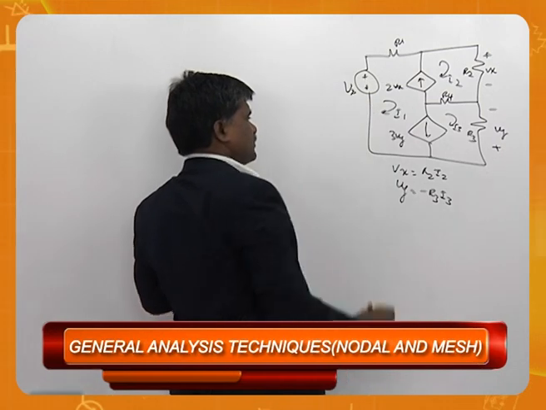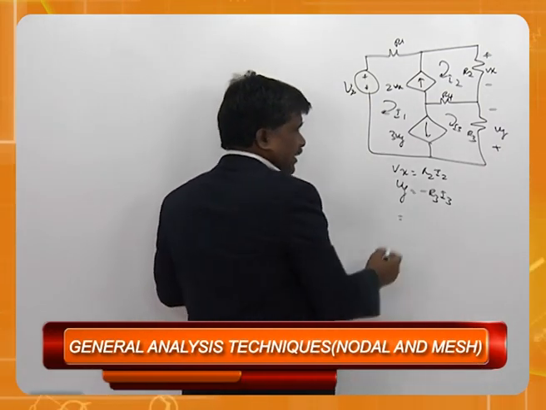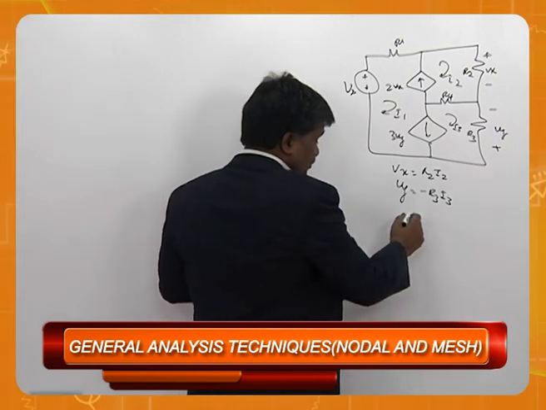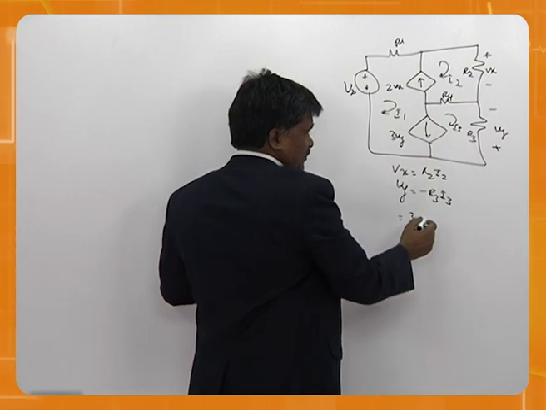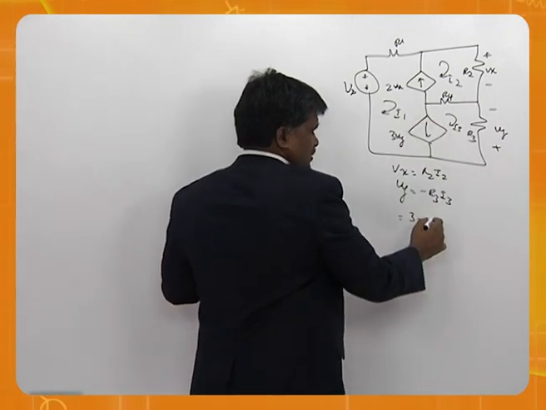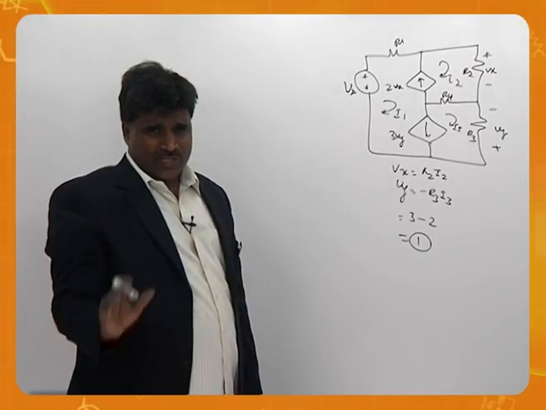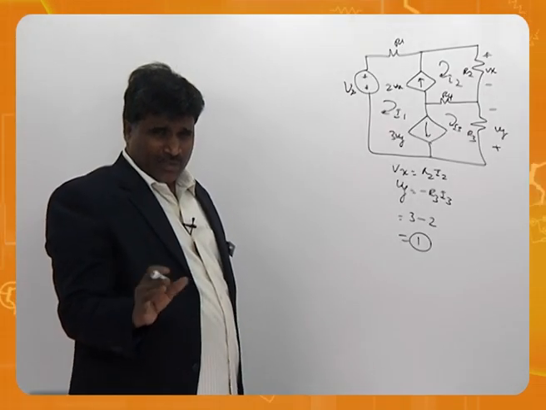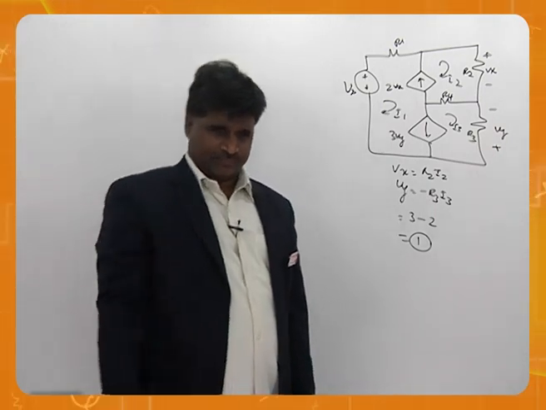This is Vs. Now how many equations required? Number of equations required is equal to 3 minus 2 current sources. So we need only one equation. Actually we need 3. Out of that 2 are relations, 1 is equation.